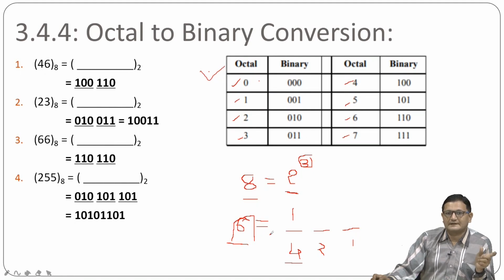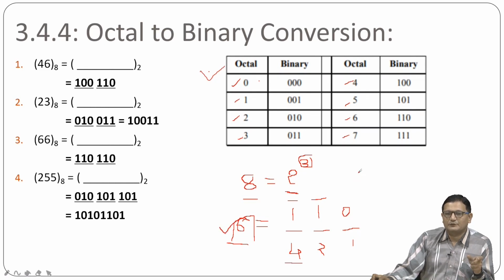So 2 remains. Now shall we take this 2? Yes. If I am taking this 2, then 2 minus 2, the number becomes 0, right? If the number becomes 0, we don't want this 1. So I am writing 0 here. So see here, 4 plus 2, right? So that is 6, and we got this.